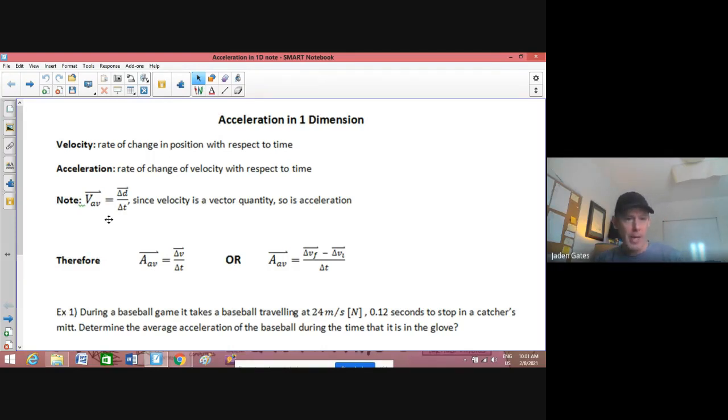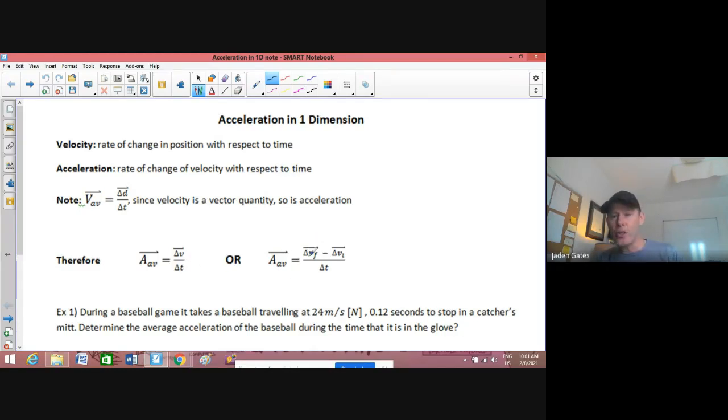All right, and so because of that, when you have an average velocity, we have delta D over delta T. And since velocity is a vector quantity, so is acceleration, because acceleration is our change in velocity with respect to time. There's a delta T. Delta T and T are the same thing, by the way.